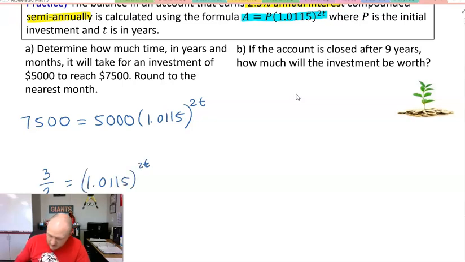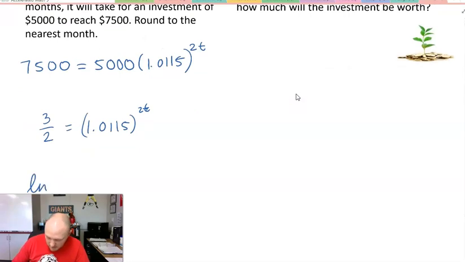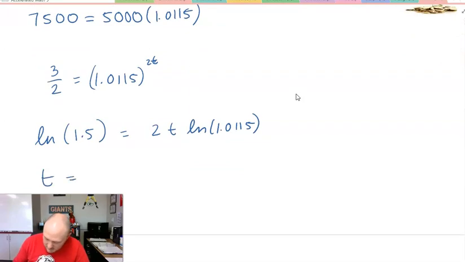And then what we did is take a natural log. So you have the natural log of 1.5 is equal to 2t natural log of 1.0115. And then you get t is equal to the natural log of 1.5 divided by 2 natural log of 1.0115.